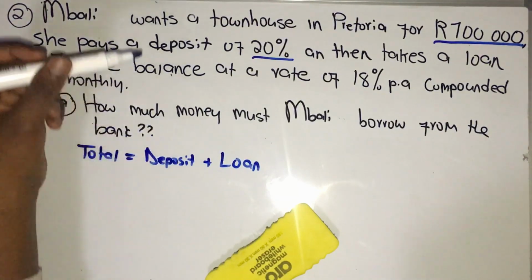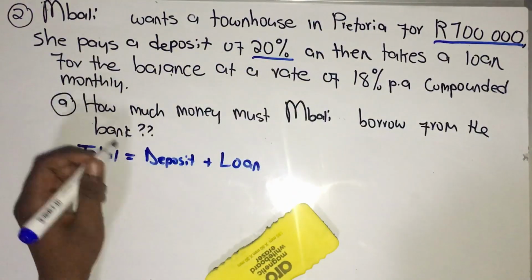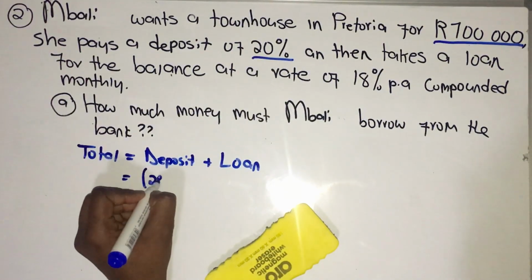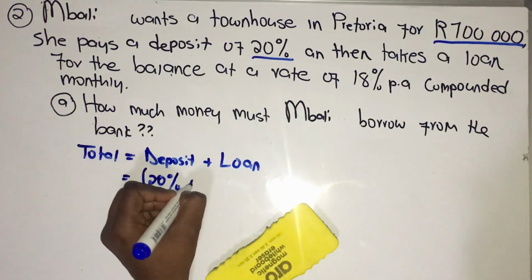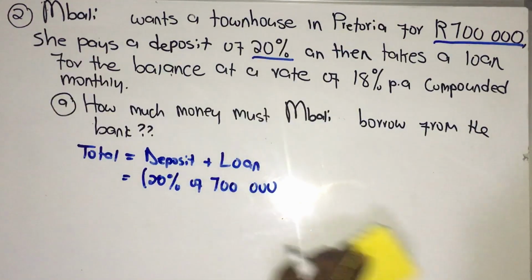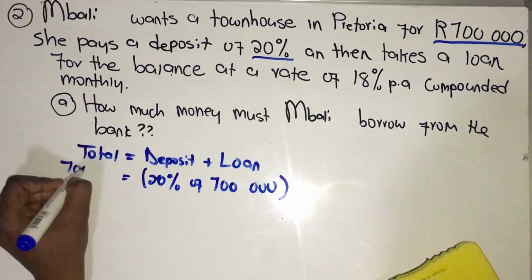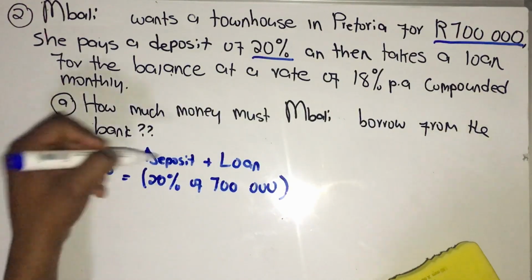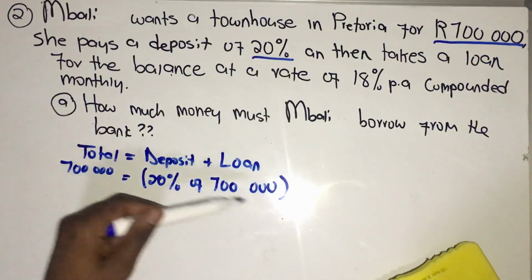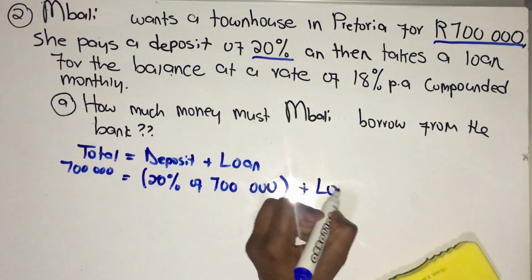Okay, so what happens is that we are told that she pays 20% deposit of the total amount. So she pays 20% of 700,000 rands, and then the total is 700,000 rands. So now they're asking us how much is she borrowing from the bank. How much loan is she taking, in other words? So this is plus loan.